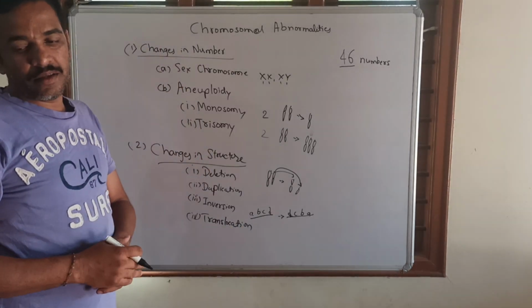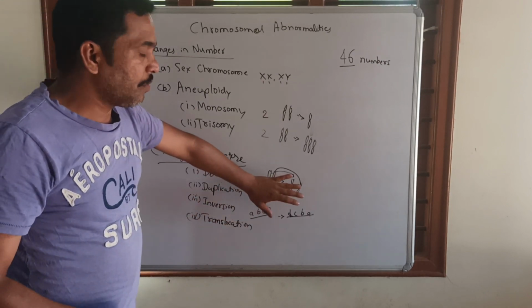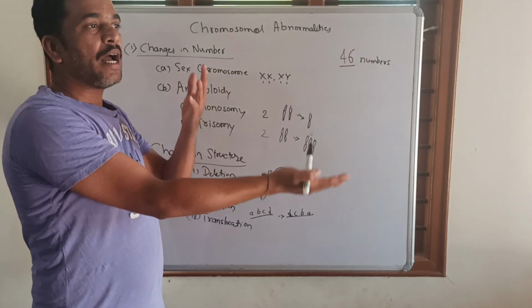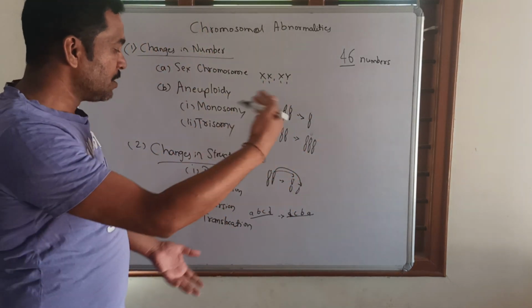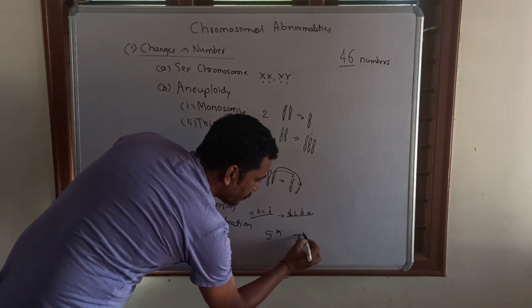In translocation, a chromosomal arm is changed from one chromosome and attached to another chromosome. For example, fifth chromosome to seventh chromosome.